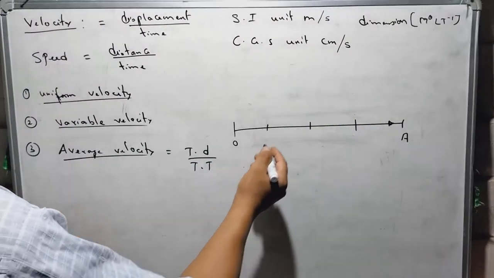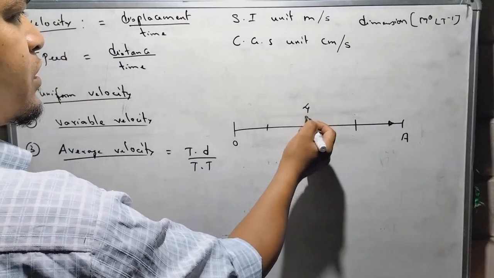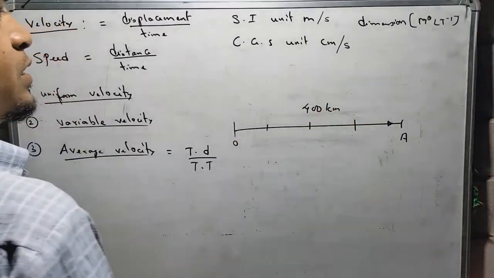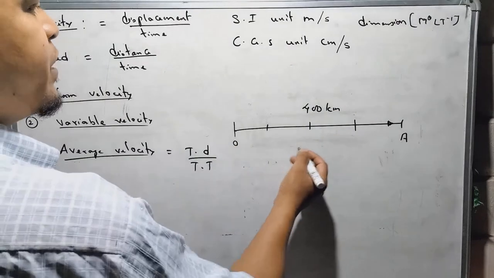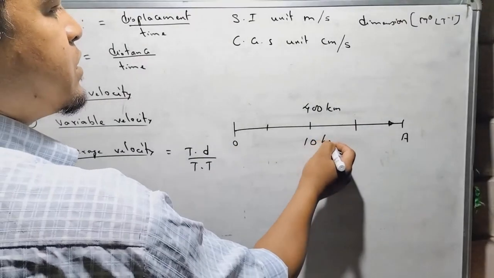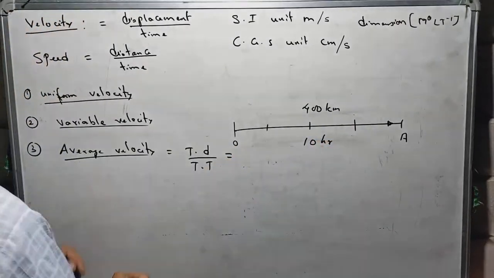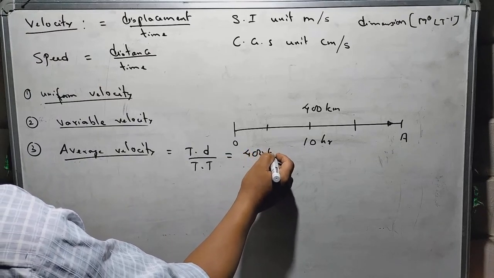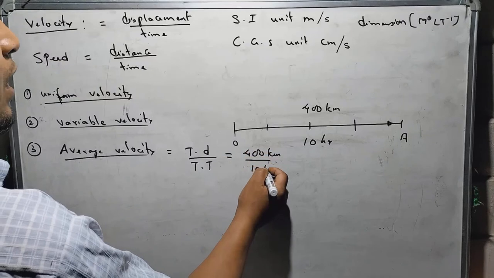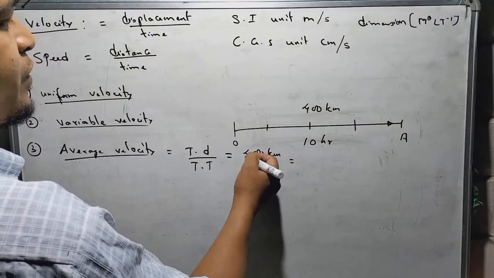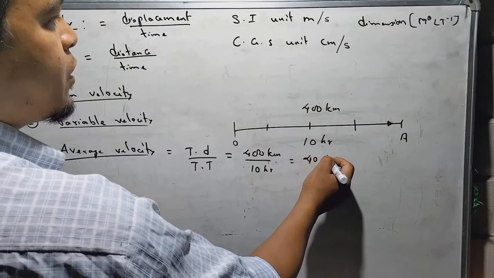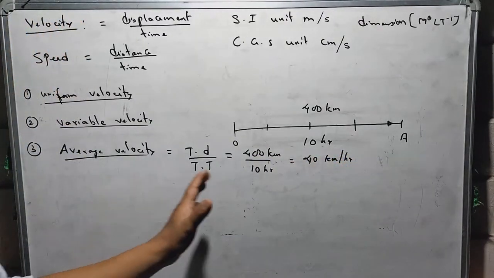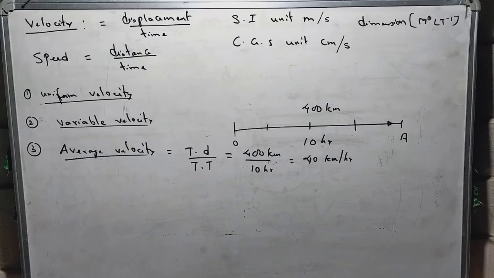Now if the total displacement from O to A is 400 kilometers and the time taken from O to A is, let's say, 10 hours, then the average velocity is equal to 400 kilometers upon 10 hours, which when you divide gives 40 kilometers per hour. So this is the average velocity of the car.